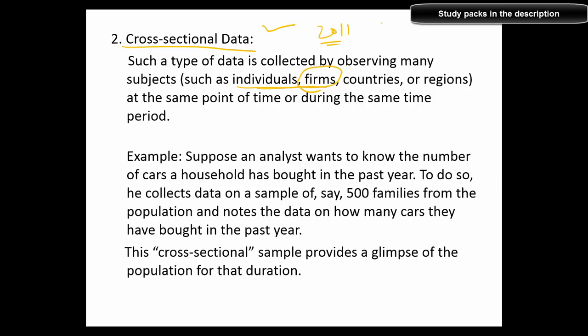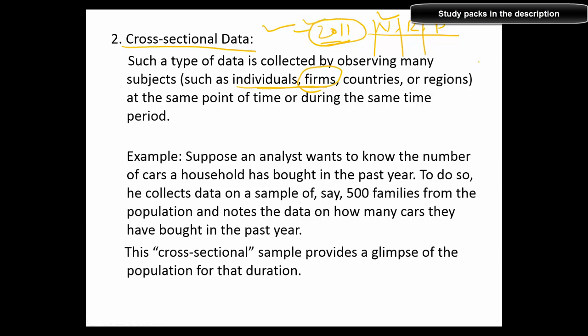So you collected the number of employees, the revenue, and the total profit of the company. These are the variables, and you collect all these things for one time period, that is 2011. This is called cross section data: multiple variables, one time period.